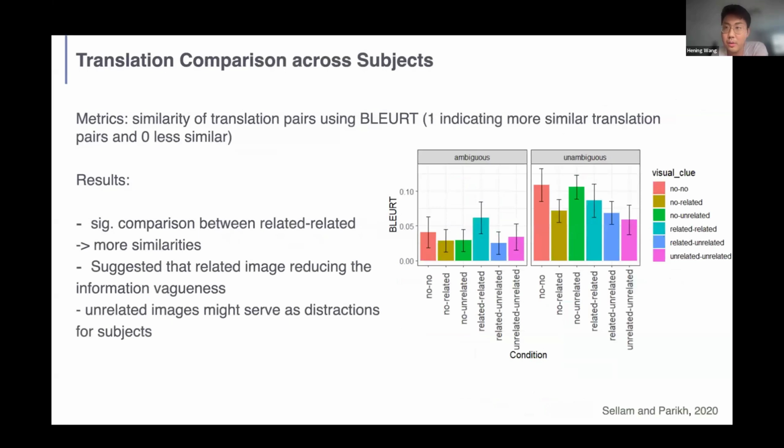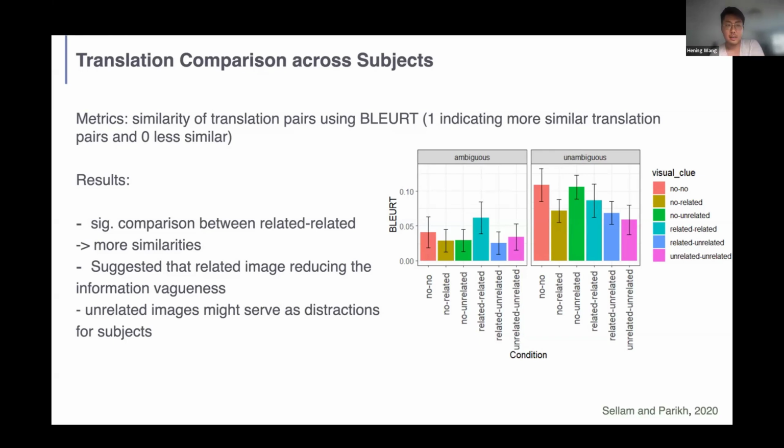And then we want to measure the similarity of translation outcomes between participants. And for that, we use the metric BLEU. This is a similarity ratio that comes from a BERT transformer architecture. And results show that there is a significant difference in the related condition.